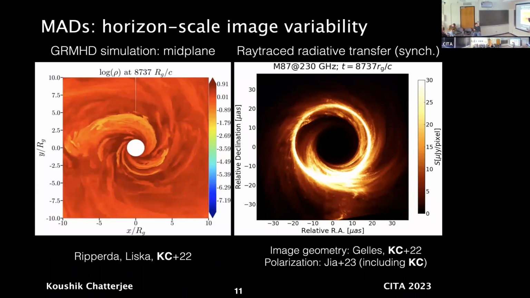What you will see is that this region would be inspiraling. And when the flux eruption happens, there would be a whole region where the gas density would just fall. And this would be the corresponding ray trace image, specifically for M87 at 230 gigahertz.